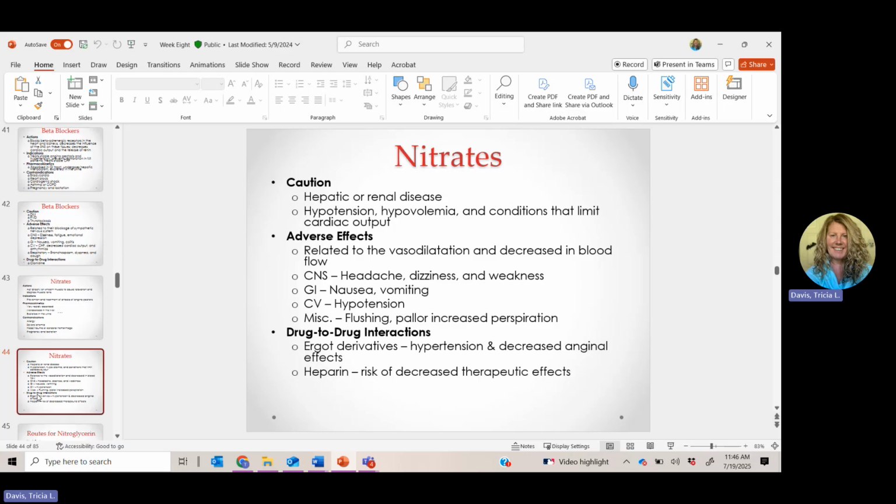Adverse effects are going to be related to vasodilating and decreasing our blood flow. So dizziness, headache, weakness, nausea, vomiting, hypotension, flushing, okay, increased perspiration. And then drug-to-drug interactions, we would be careful if we were giving heparin because it would decrease the therapeutic effects.